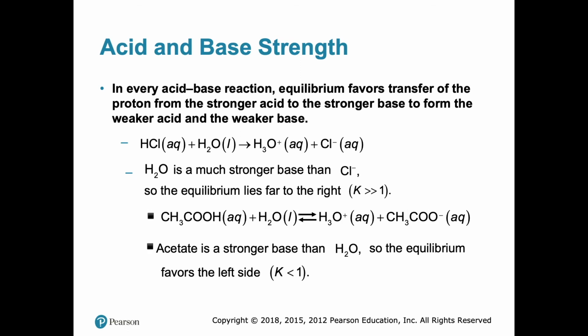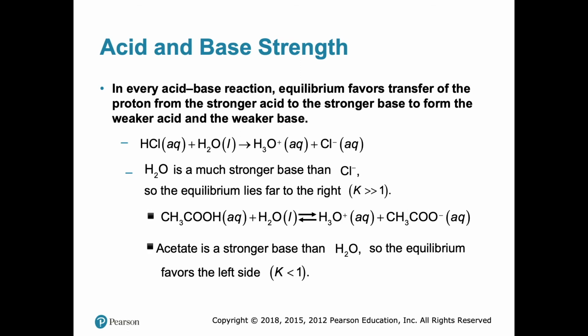And so here, hydrochloric acid being added to water gives you the hydronium ion and chloride. Both hydronium ion and the chloride ion are weaker acid and base than hydrochloric acid and water are. Water is a much stronger base than Cl, so the equilibrium lies far to the right. K here is way greater than 1.